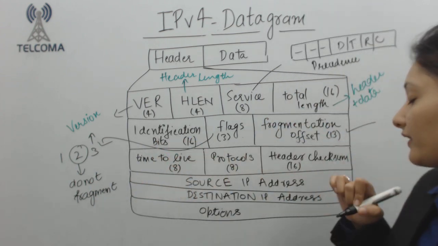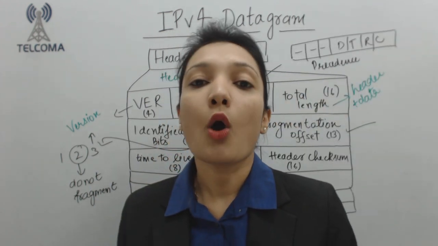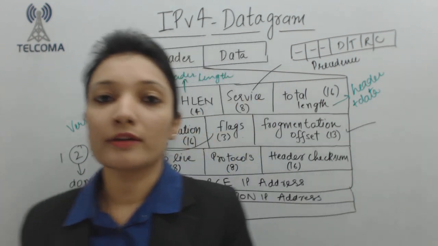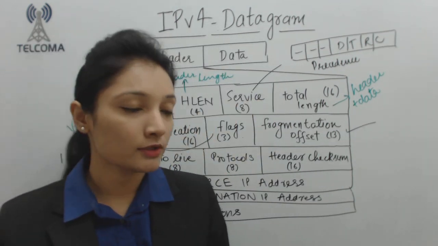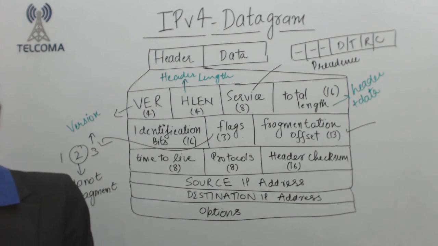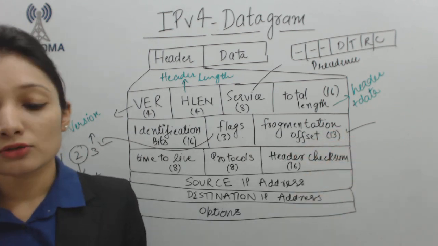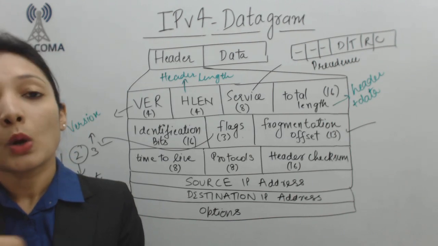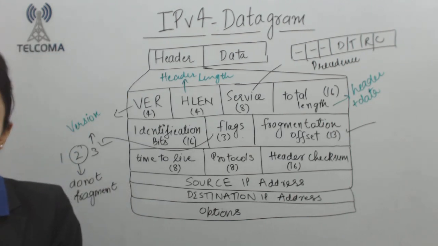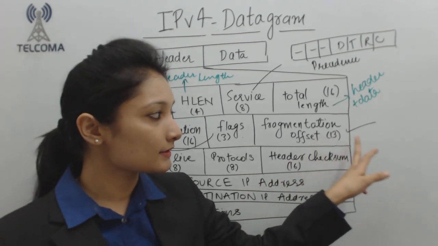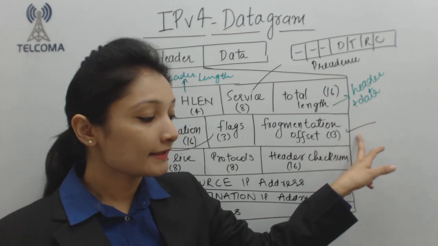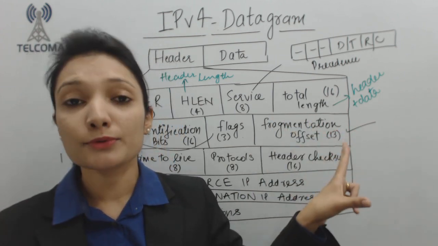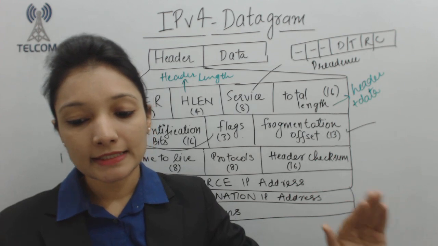Next we have the fragmentation offset. When we are fragmenting or dividing our payload into a number of smaller fragments, this fragmentation offset basically shows the relative position of a particular fragment with respect to the whole data. That's why it's called an offset, because it represents the relative position of the fragment with respect to your complete datagram.